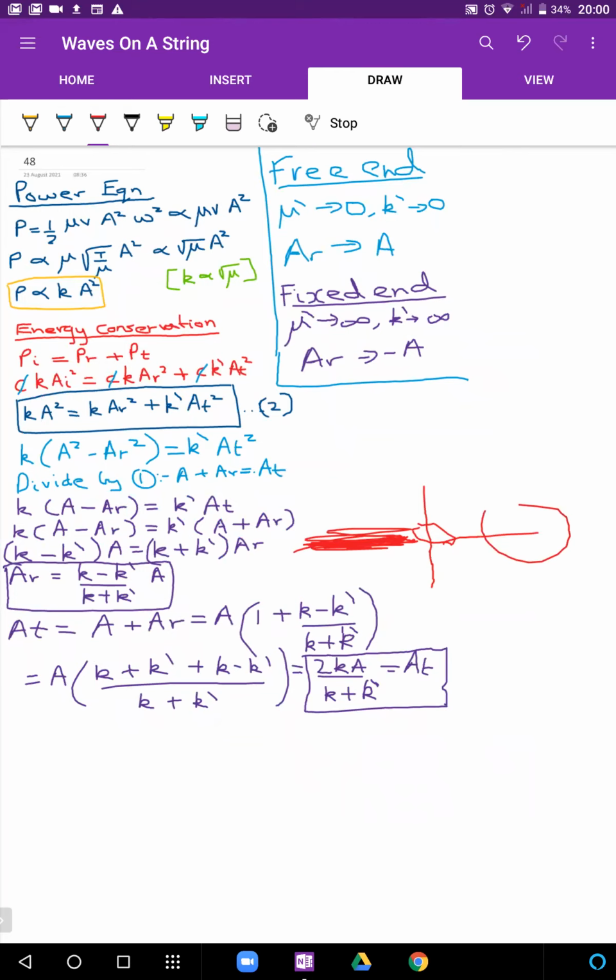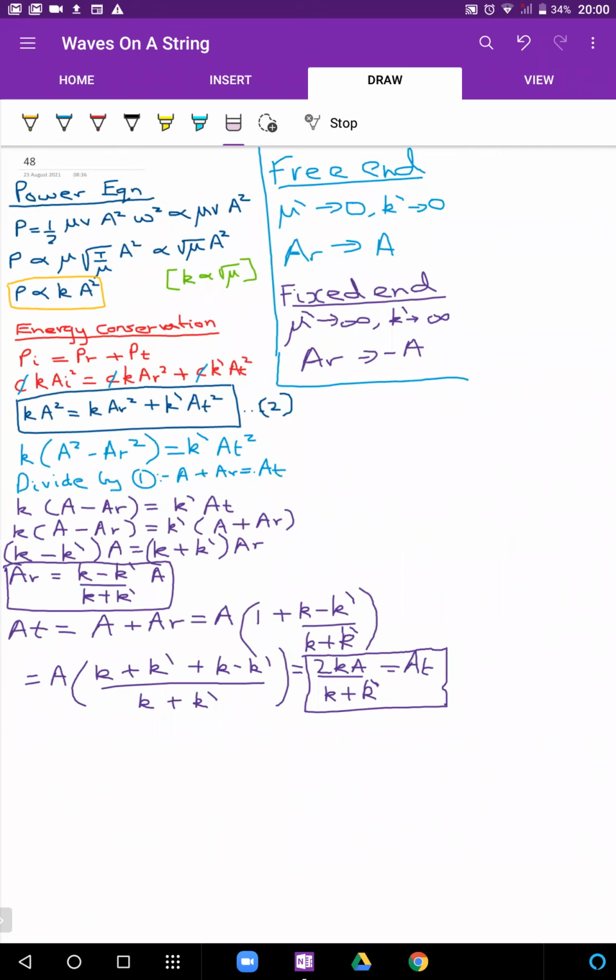That is almost the same as reflection from a free end, because the light string is not going to hinder the motion of this heavy string in any way. The heavy string will not even know the light string is attached, right?